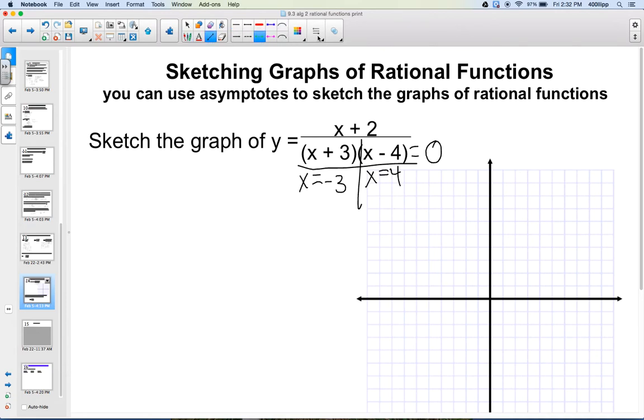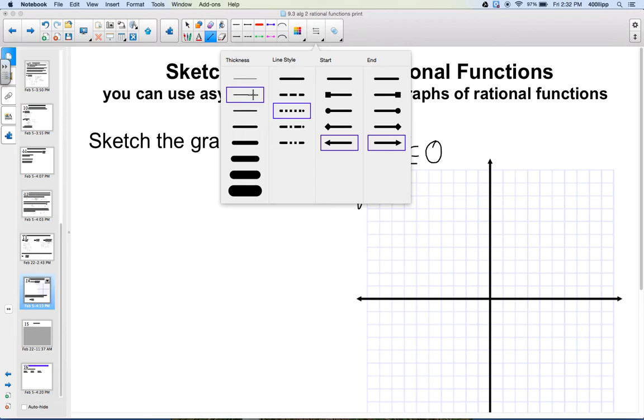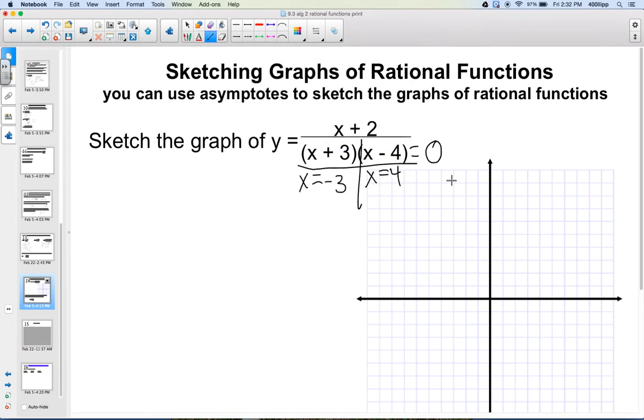We'll have -3, which is 1, 2, 3 right here. And we'll also have 4, 1, 2, 3, 4. Those are our vertical asymptotes.